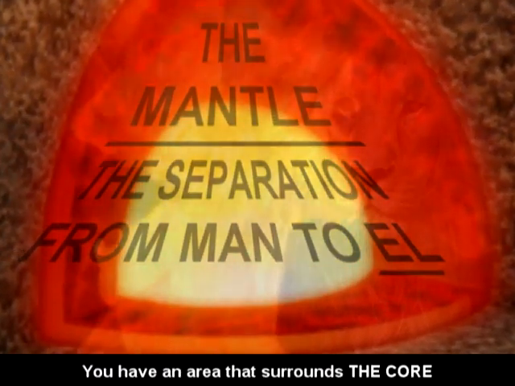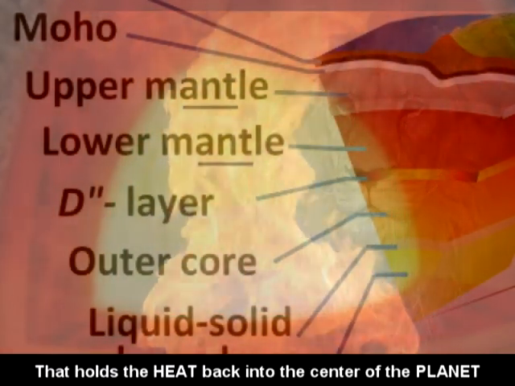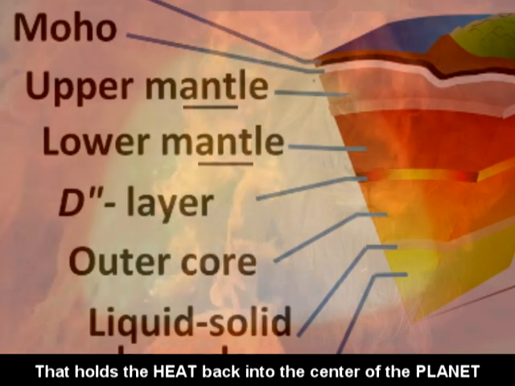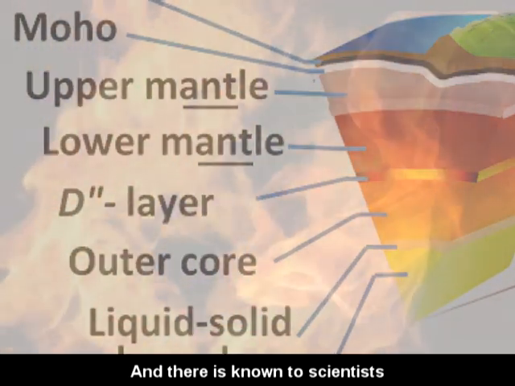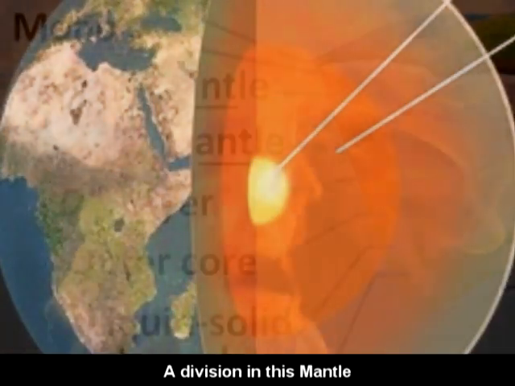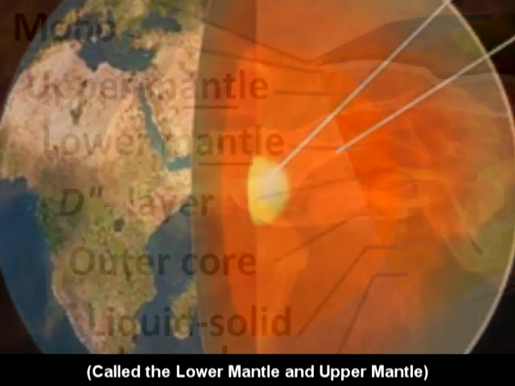You have an area that surrounds the core, that pulls the heat back into the center of the planet, and there is known to scientists a division in this mantle called the lower mantle and upper mantle.